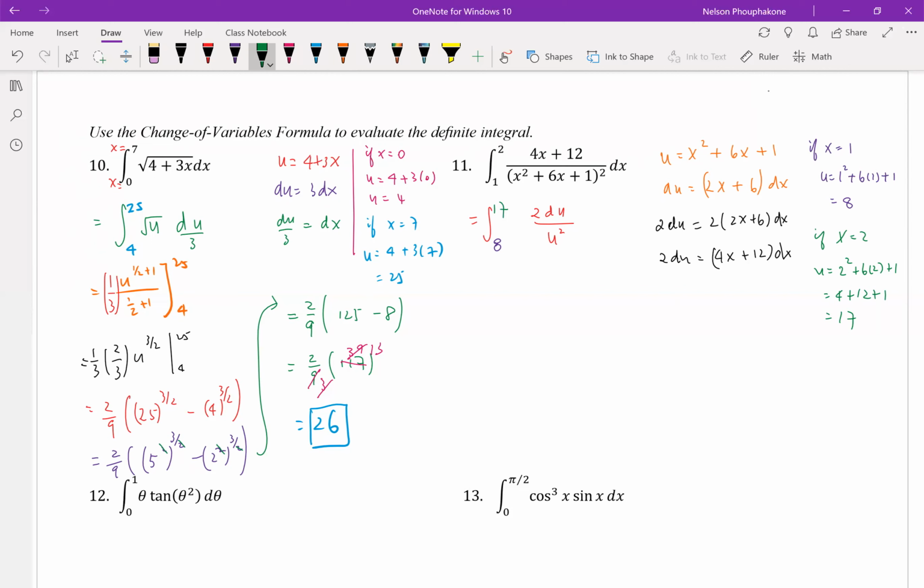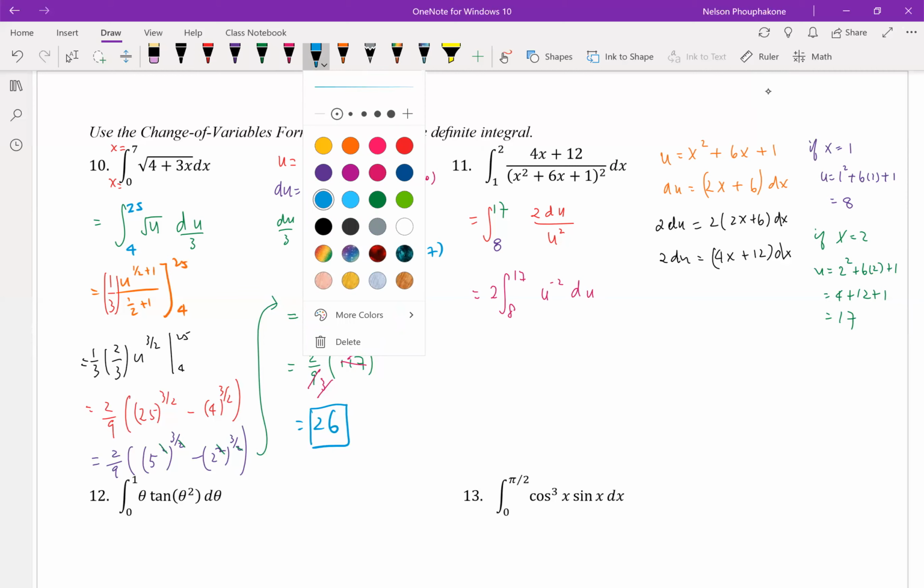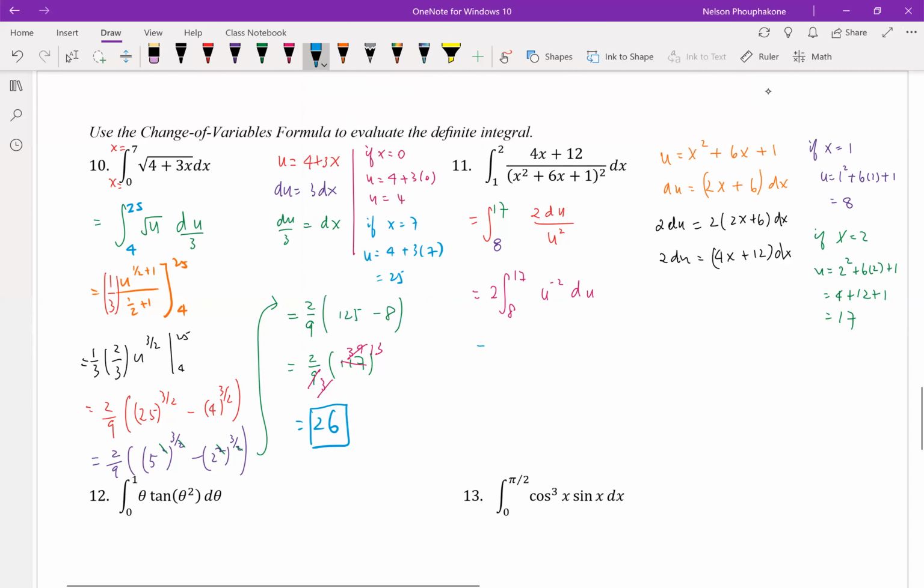Then now I have 2 times u to the negative 2 du. So for this one right here, it will be 2 times u to the negative 1 over negative 1, evaluated between 8 and 17.